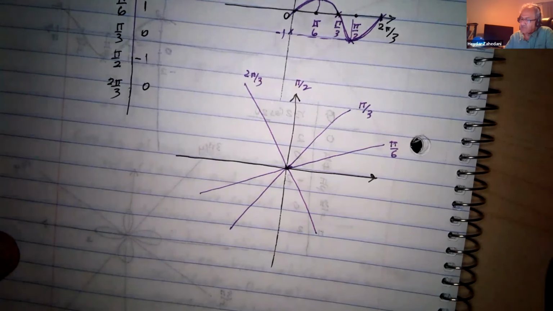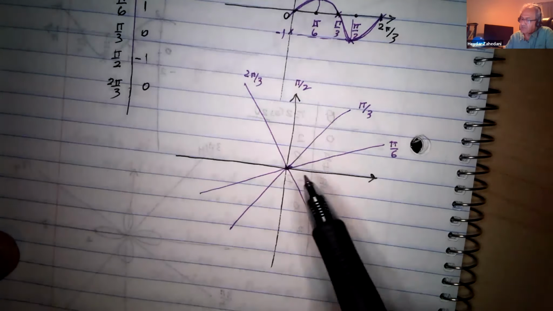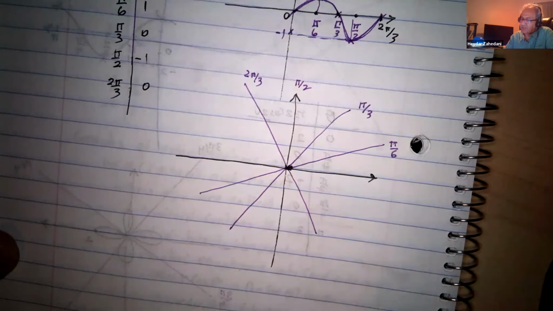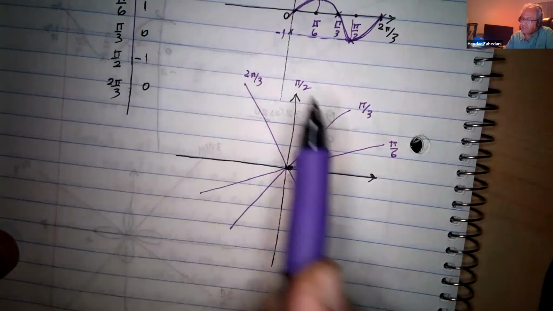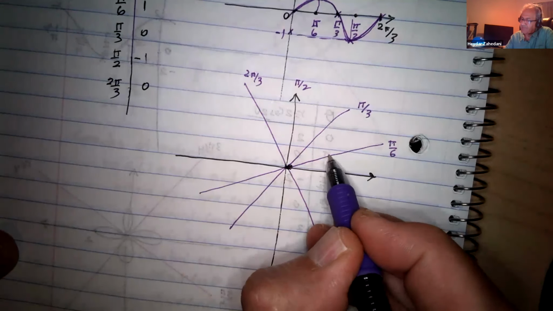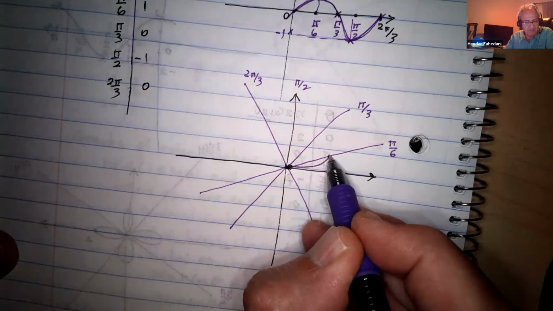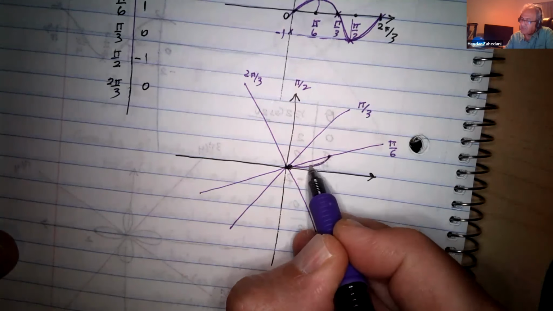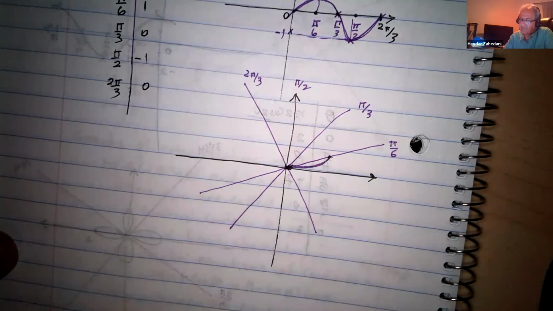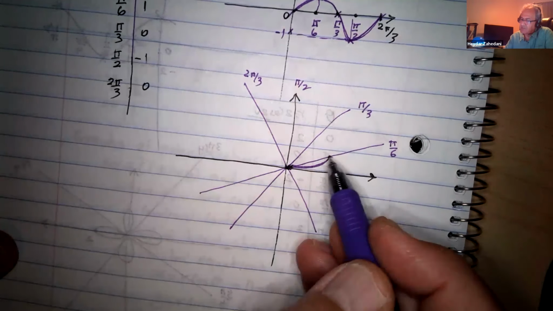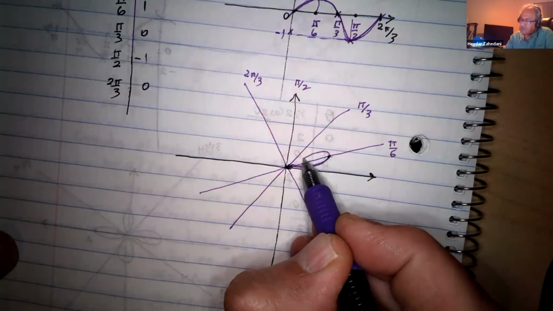So the situation you are going to have is that you start with 0, 0. This is 0, 0, so this is your point. Then we get to pi/6 at 1. So you start from the origin and you end up here. Then we go through pi/3, where you get 0, so this takes you back.